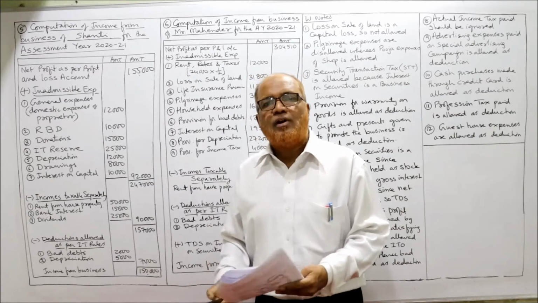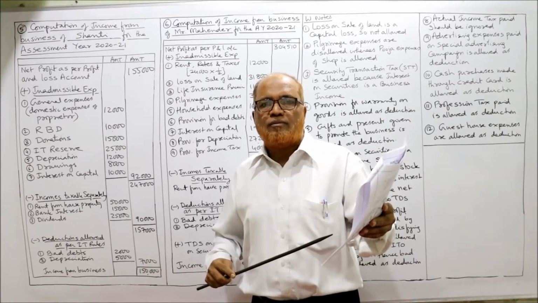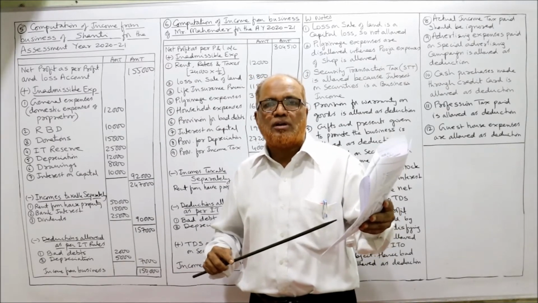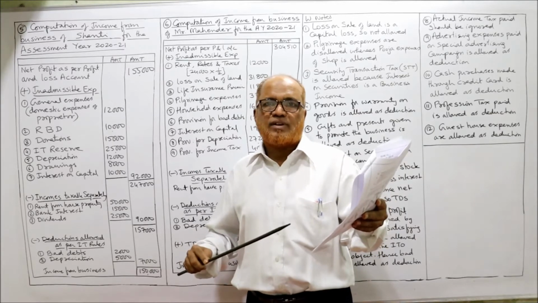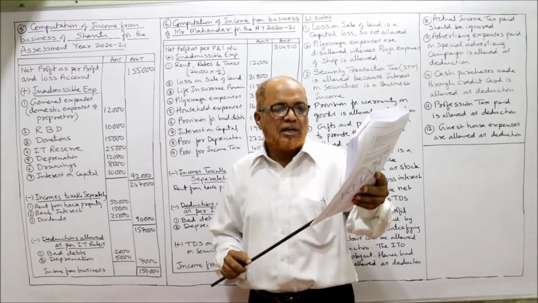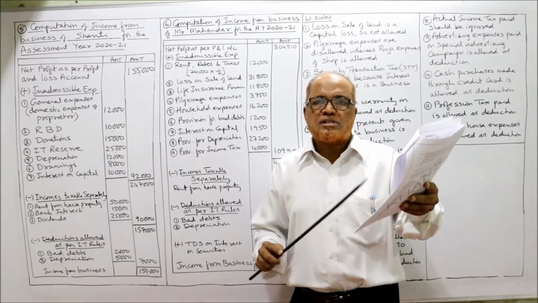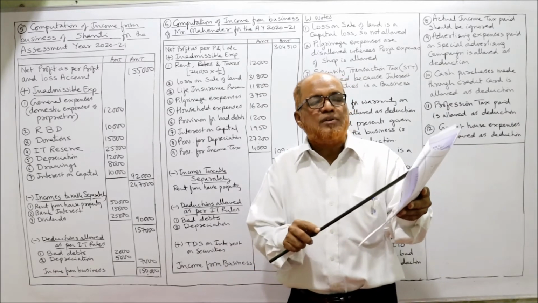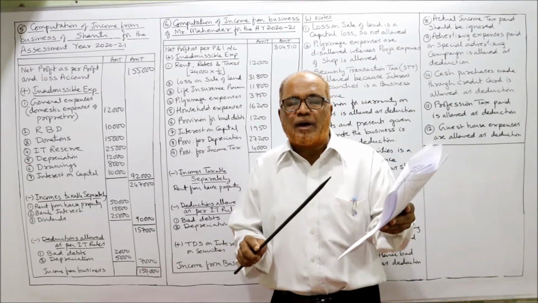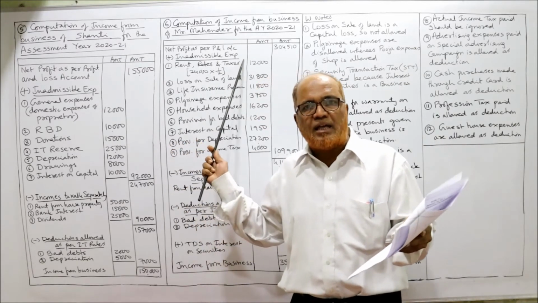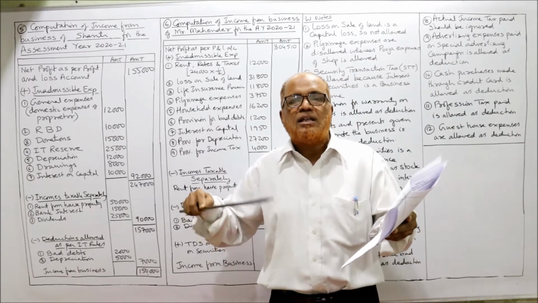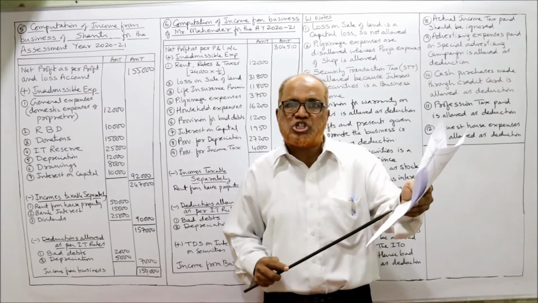Now, first of all, we'll begin with working notes. First of all, we'll see the adjustment. Adjustment we'll discuss first. Later on, we'll come to P&L account. Adjustment: Mr. Suresh is a trader. Actually the business is of Mr. Mahendra. We are computing the income from business of Mr. Mahendra. In his business, there is a debtor, Mr. Suresh.